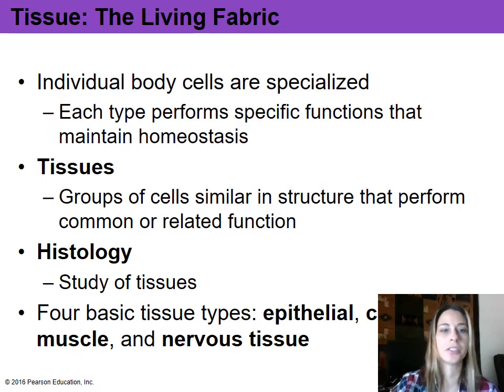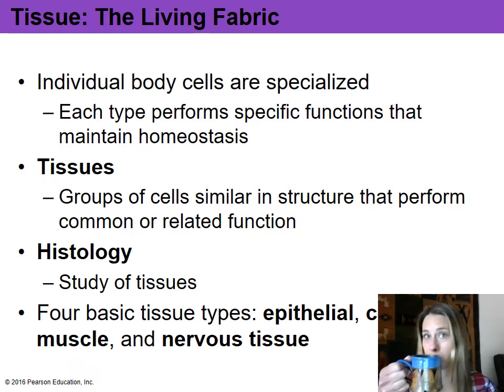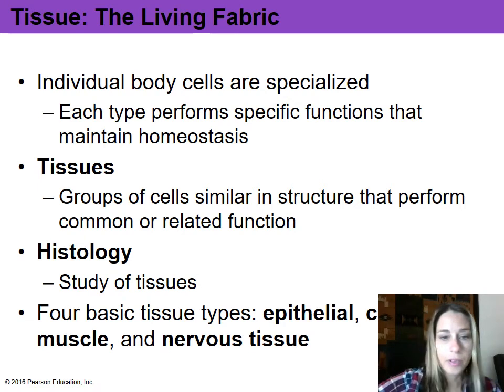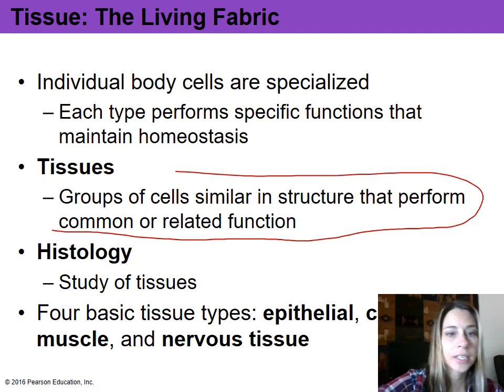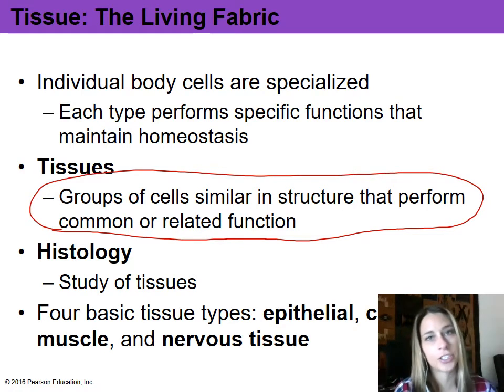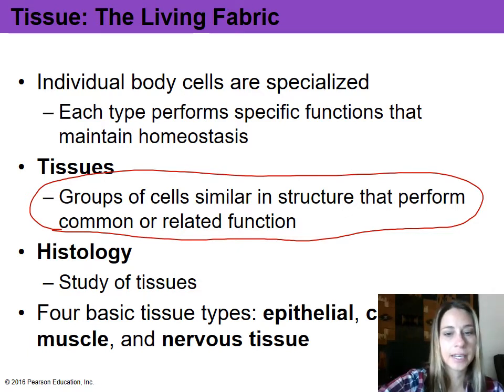The first is that of the tissue. A tissue is a group of cells that are similar in structure and location, and they perform a common or related function. And then we have also the study of histology.